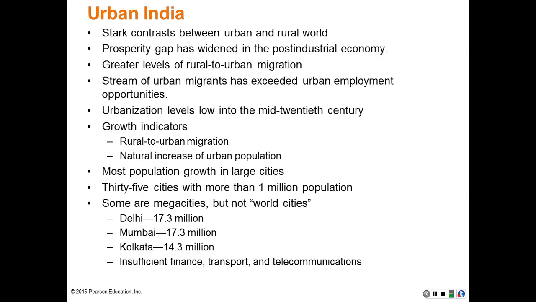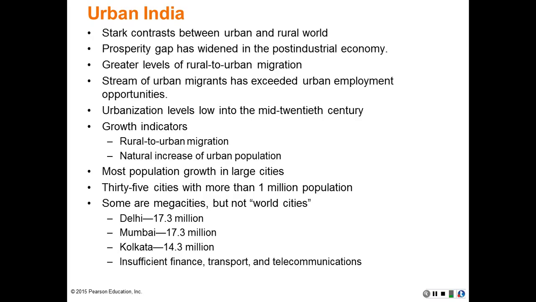The urbanization, of course, we know was low as we went into the mid-20th century, but growth indicators include the rural to urban migration and the natural increase of urban population as well. Most of the population growth in urban India is in the large cities. 35 cities are in India with more than 1 million people in population, and there are some mega cities, but not world-class cities.